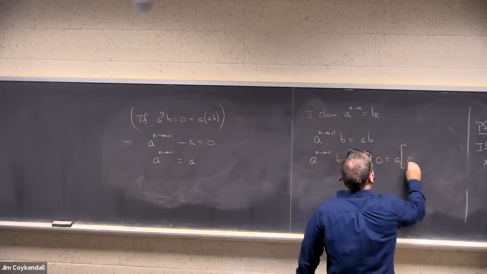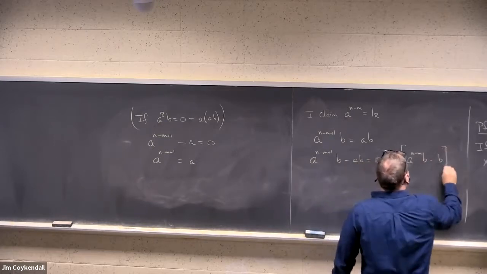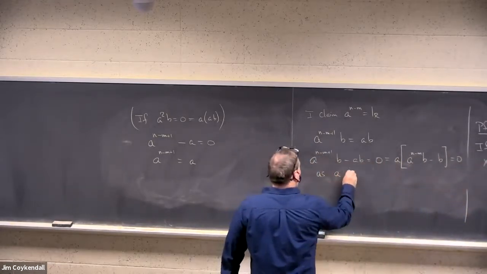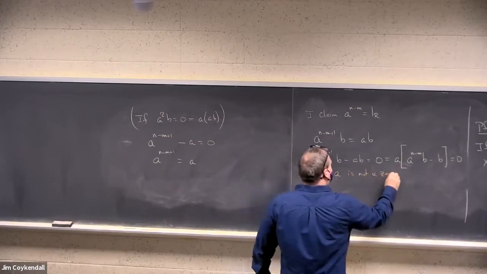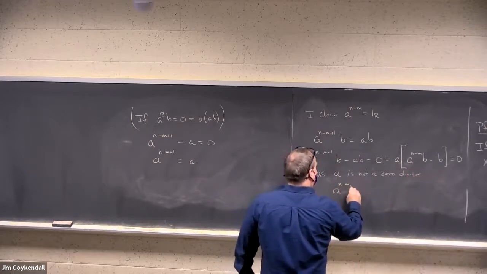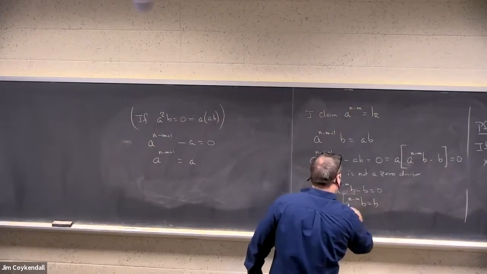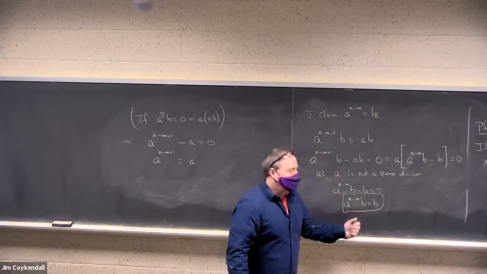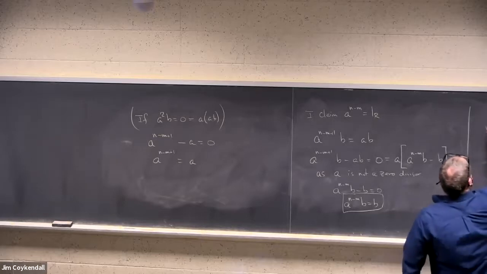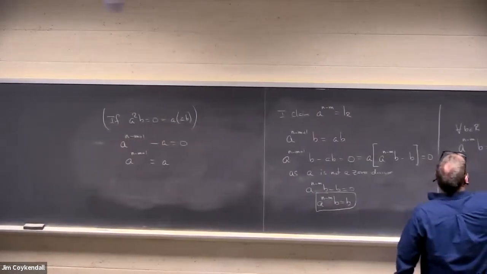This is A times (A to the n minus m B minus B) equals 0. Again, A is not a zero divisor, so A to the n minus m B minus B is 0. So what we've shown is for all B in R, A to the n minus m times B equals B.